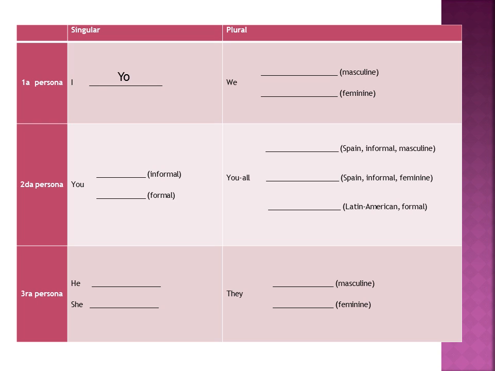Now, the first person of the plural would be we, and the masculine is nosotros, and the feminine is nosotras. Now the second person in the singular, when it's informal, is tú, but when it is formal, it would be usted.